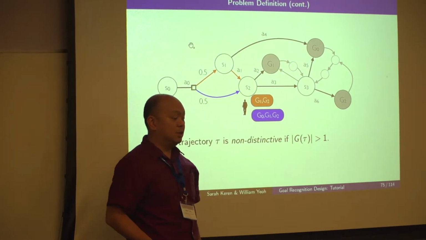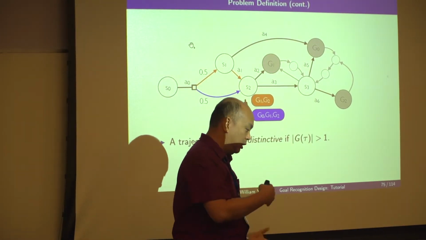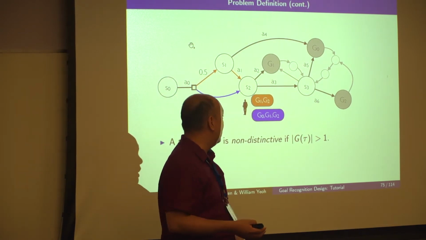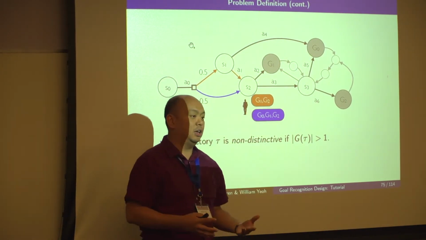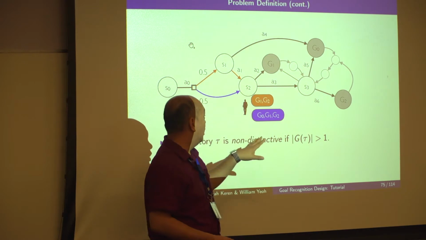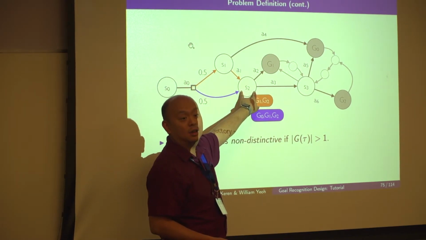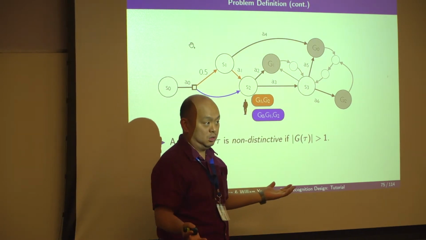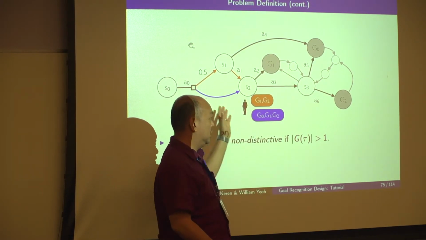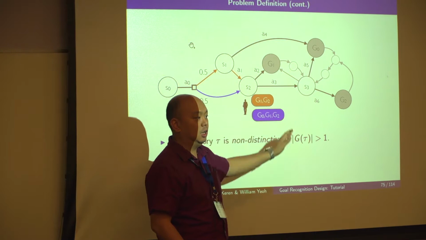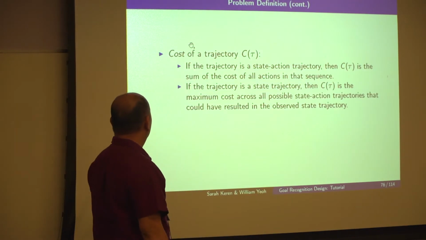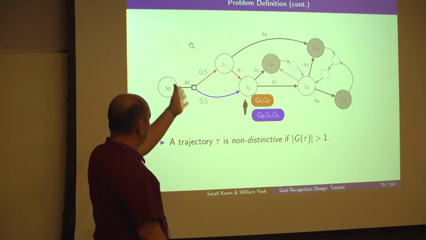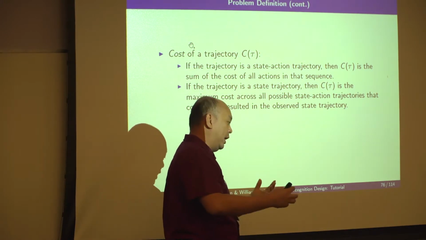So essentially, after looking at this scenario, what we found out is that the set of possible goals is no longer Markovian on the state space. Just by observing the state, you do not know the set of possible goals. You need to observe essentially the whole history.